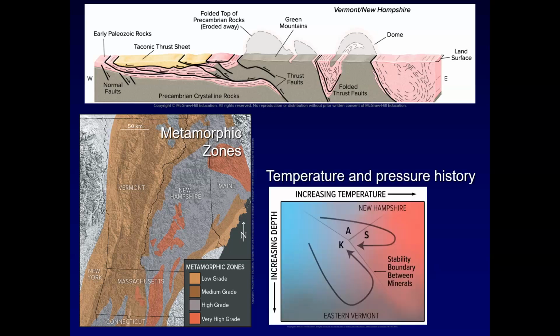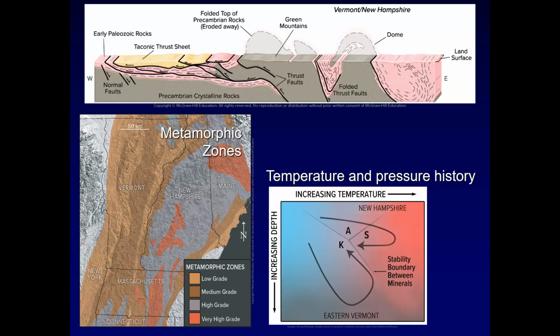So, we have this diagram to summarize the temperature and pressure history from geologic studies of central New England. The gray lines are your boundaries between minerals, separating metamorphic conditions.